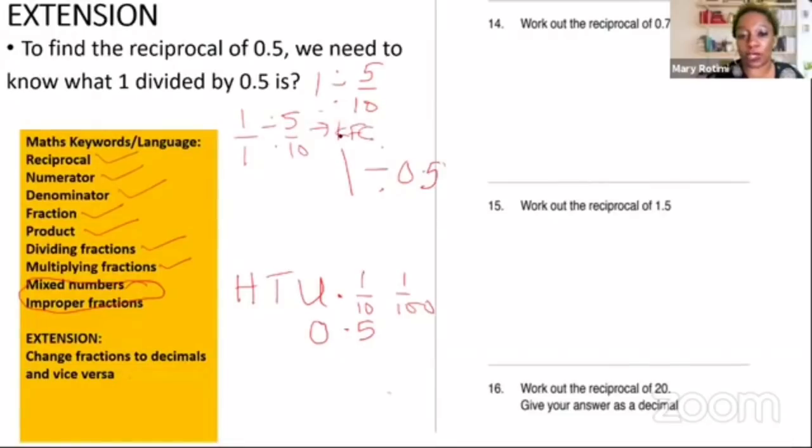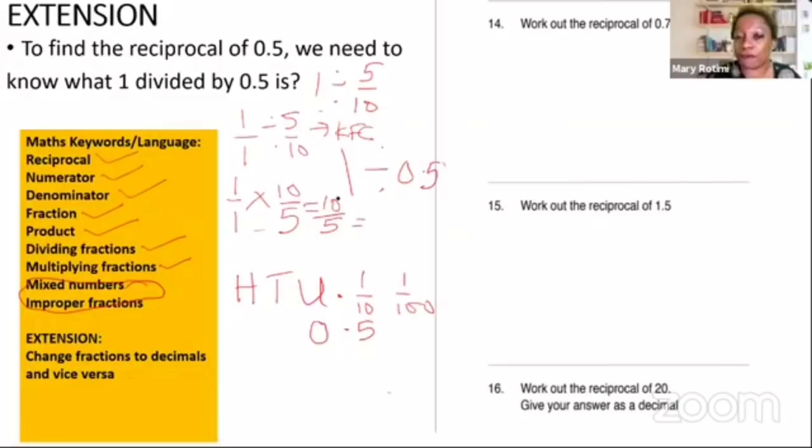Don't forget that. K means you keep the first fraction as it is. F means you flip the second fraction, 10 over 5. And C means you change the divide to times. You're back to wanting to sing my song. How do you multiply two fractions? You multiply the top and you multiply the denominator.